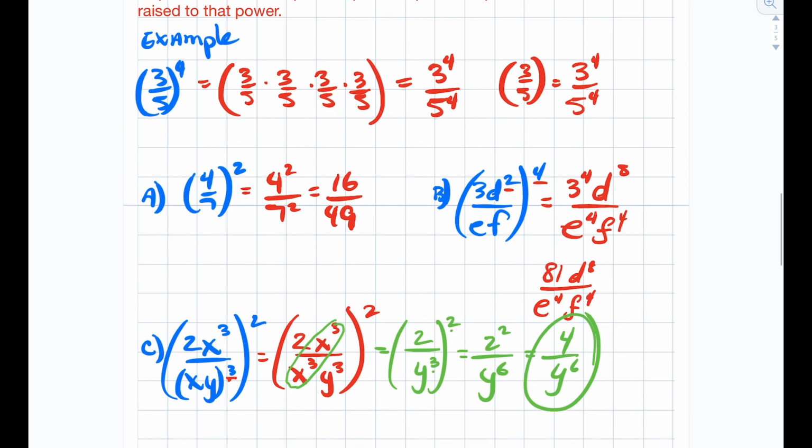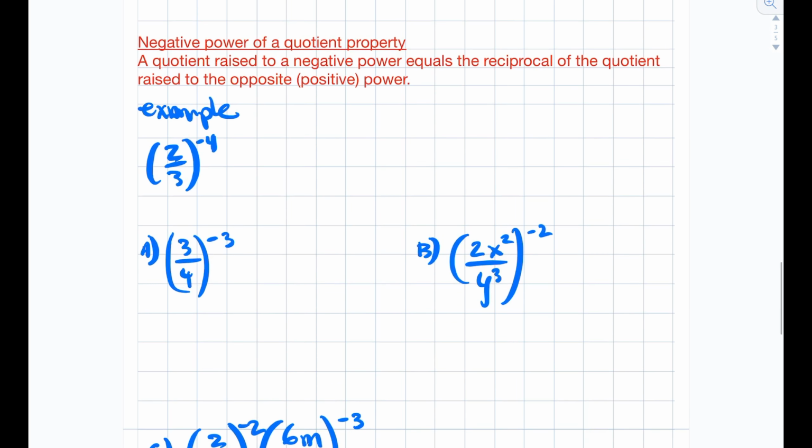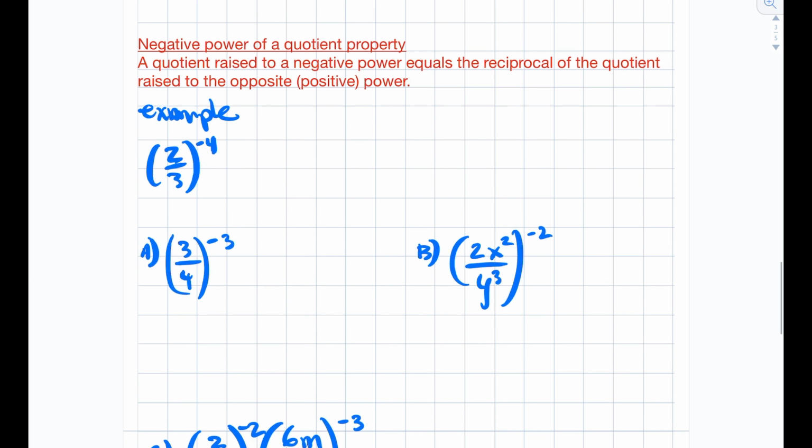Let's move on. The next one we got here is a negative power of a quotient property. A quotient raised to a negative power equals the reciprocal of the quotient raised to the opposite, in this case a positive power. So reciprocal means flip upside down, right?